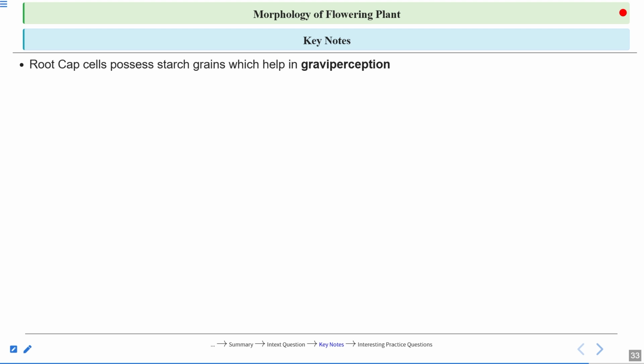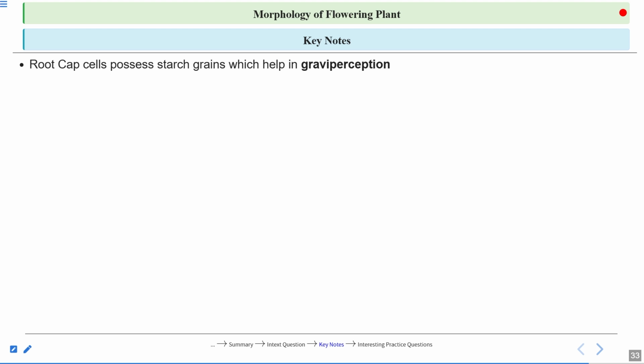These starch-filled plastids are called amyloplasts. This is where starch is stored. They act as statoliths. Statoliths are a type of crystals, sedimenting to the lower side of the cell when the root's orientation changes.